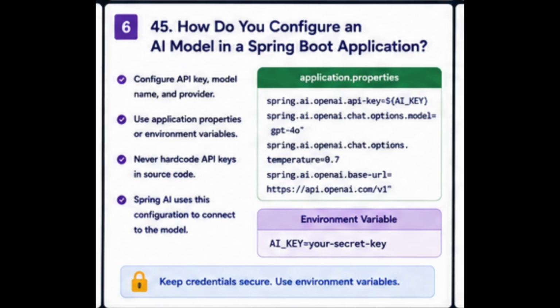Instead, we should use configurations such as environment variables or secure configuration management. For example, API_KEY equals your secret key. The application reads the configuration at runtime, then Spring AI uses the configured model connection to communicate with the AI provider. This is important from both a design and security perspective.